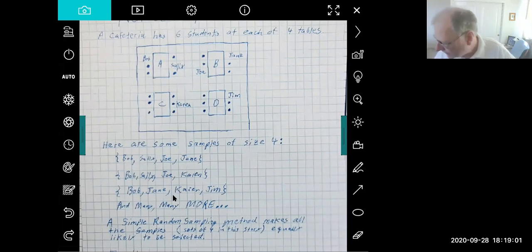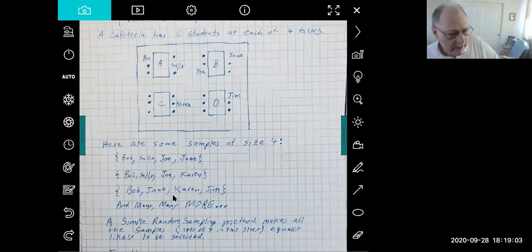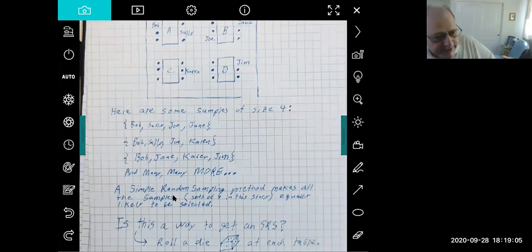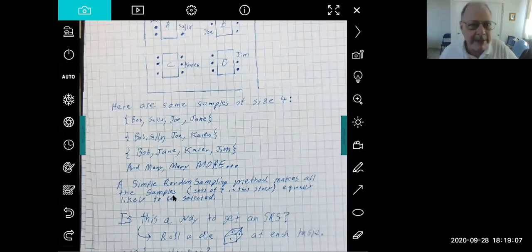Now, I'm not saying it is, I'm asking the question: is this a way to get a simple random sample? You go around to each table and you roll a 6-sided die and it tells you which student to pick from that table.